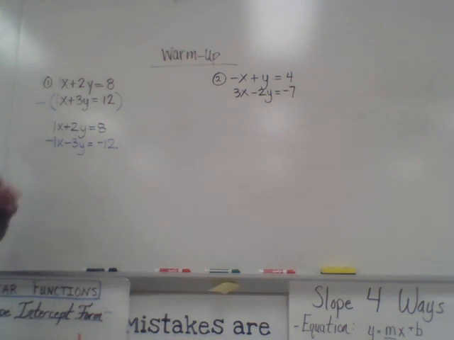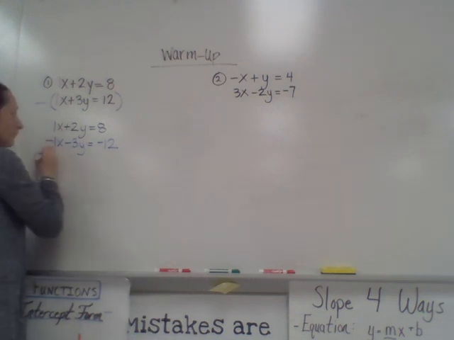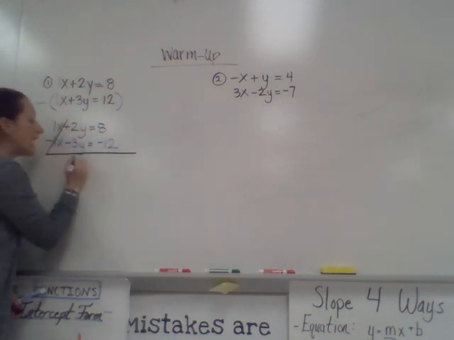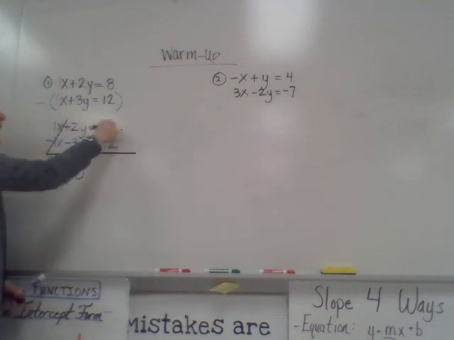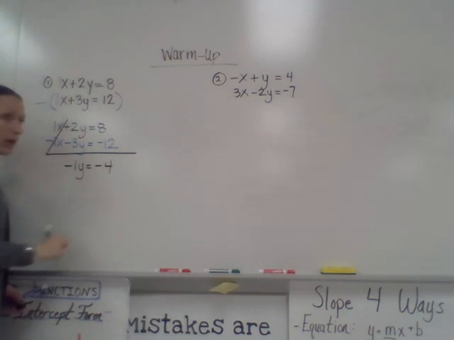Everything's still lined up really nicely, and now if I add straight down, which is the same as combining, we're not adding any additional signs. 1 plus a -1x goes to 0. That's what allows me to cross it out. 2 plus a -3y is -1y. 8 plus a -12 is -4.